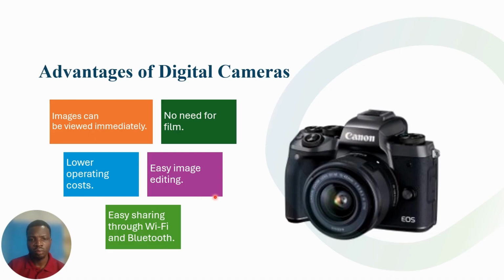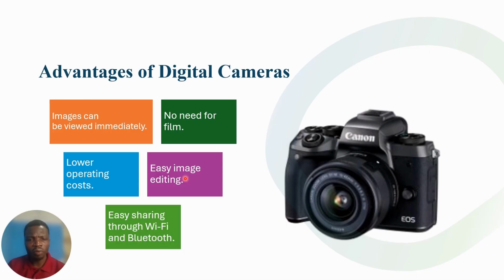So that brings us to the end of our digital cameras. We will look at the social media platforms. We'll just go through them also. Now, what we just did is we looked at what digital cameras are.